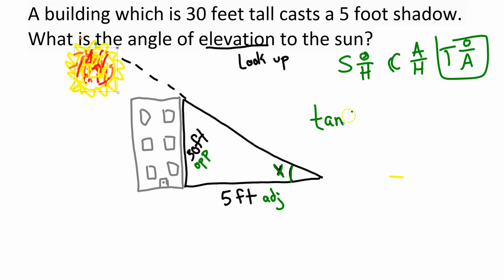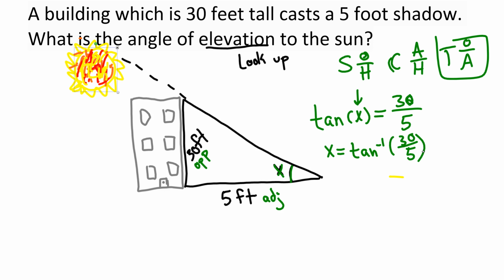So the tangent of x is equal to opposite 30 over adjacent 5. And from here, remember when you're solving for that angle, you use the inverse. So we're going to say x is equal to the inverse tangent of 30 divided by 5.